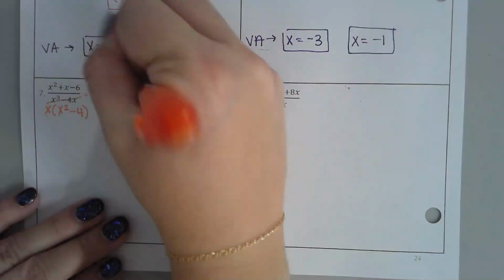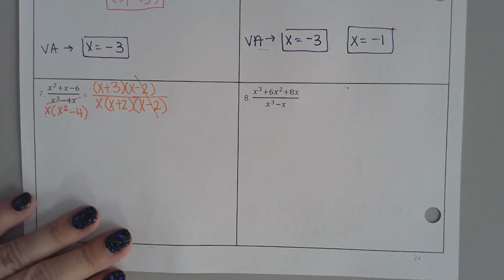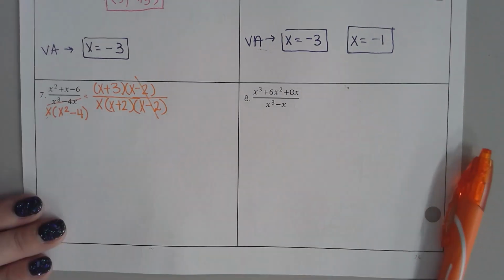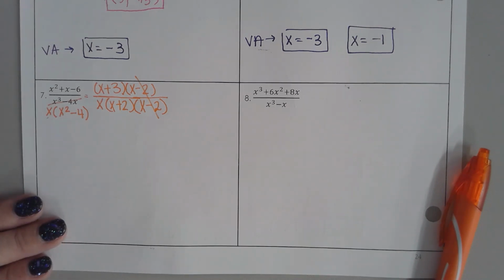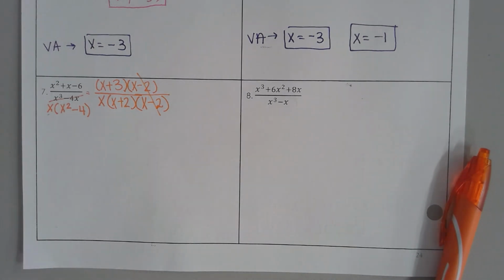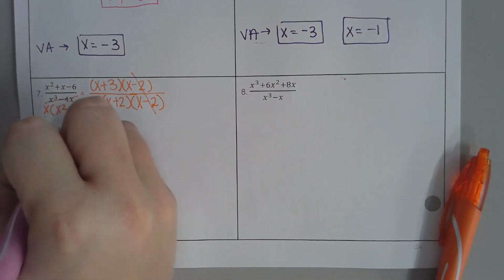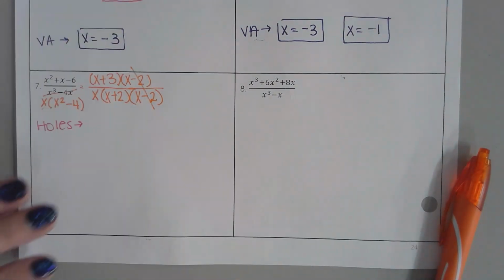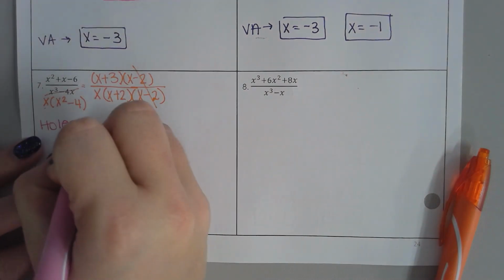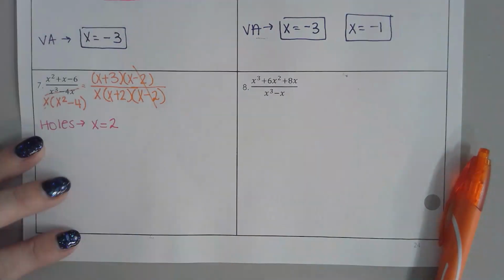So my x minus 2's cancel. So my x value for that hole is a +2.